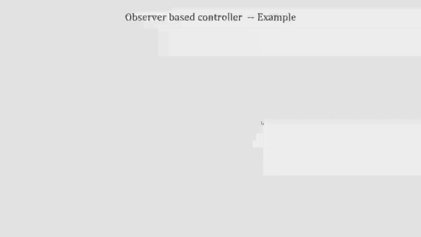Okay. Now, how does that help us again? Remember the question that we were asking: how do I find out that L matrix that we want? Let us take an example and try to design an observer based controller for that system. When I say that we will design an observer based controller, I mean that first we will design the controller, that means I will find out the K matrix.